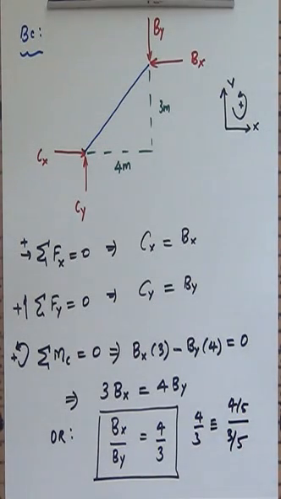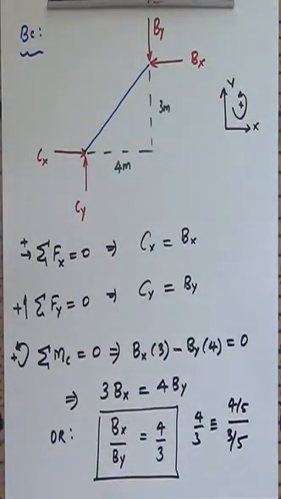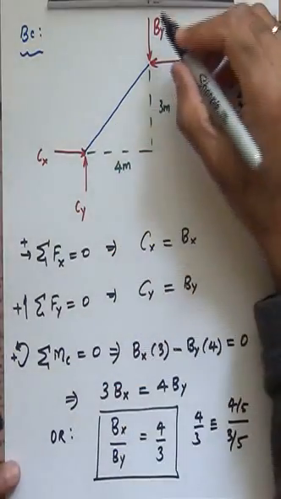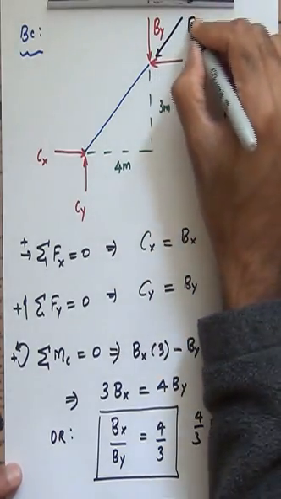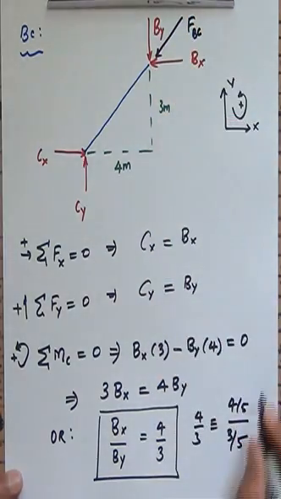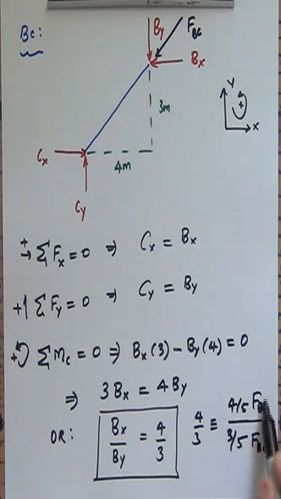And if I say that the resultant of Bx and By is a force FBC, right? You see, if I can mark that force right on there, so if I call that force FBC, then I can say that this is FBC on the numerator, FBC on the denominator, which means that Bx is actually going to be equal to 4/5 FBC, By is going to be equal to 3/5 FBC.